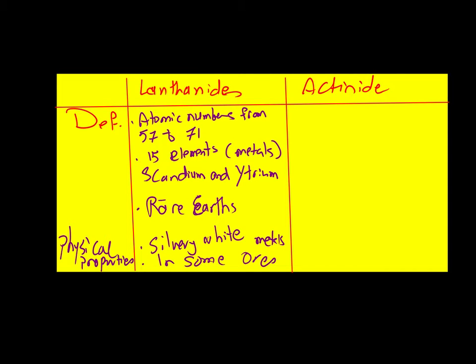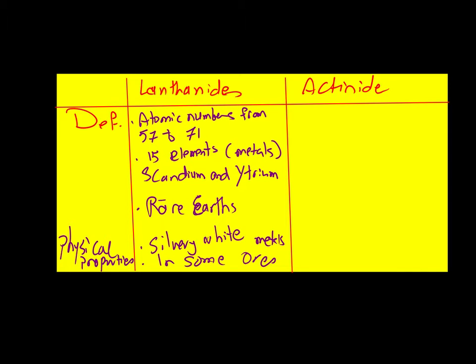Ore is the natural composition of the element in the Earth's crust. Normally, elements, when they exist in Earth's crust, are found in the form of complex compounds. Within some of those compounds, we can see lanthanides.